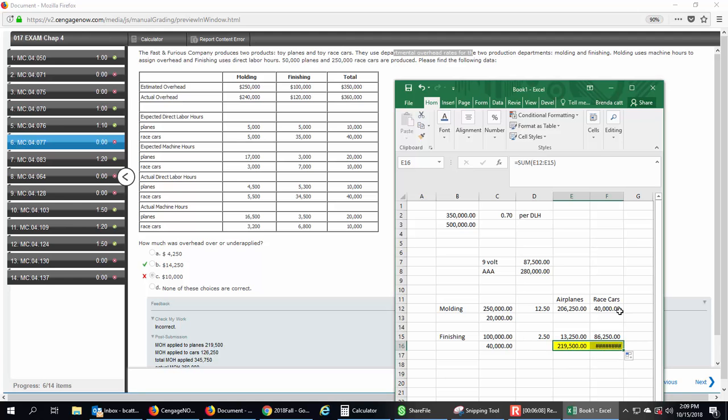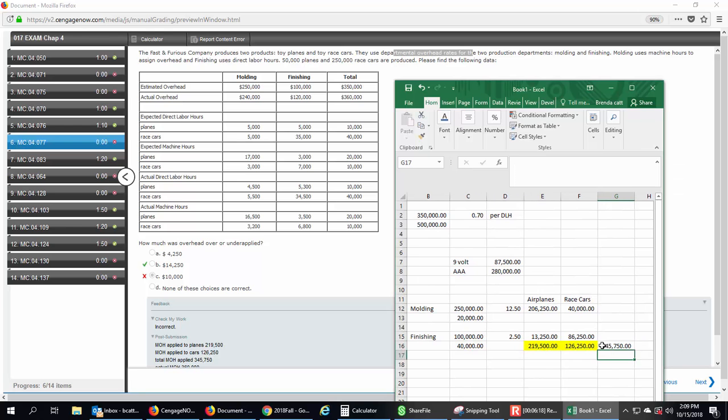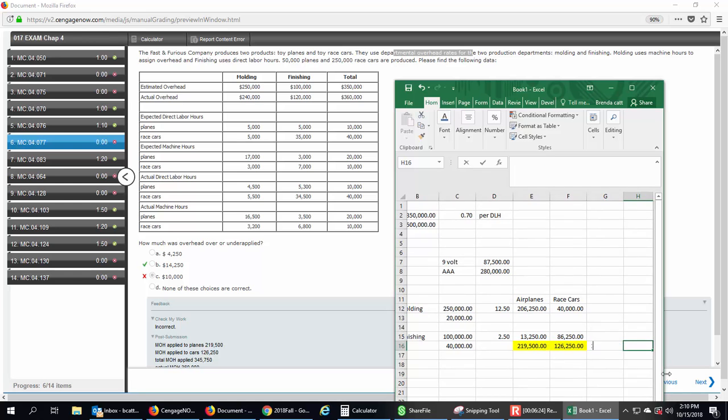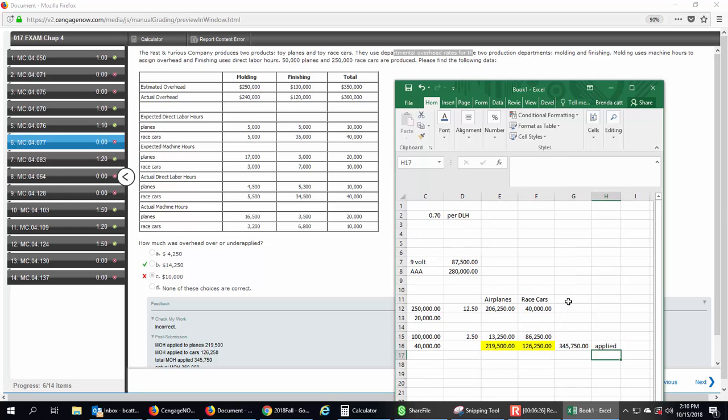So then our total overhead, oopsie, it didn't do what I wanted it to do. So this is our total overhead. It's the total for the airplanes plus the race cars. Total overhead applied. They must tell me, okay, actual overhead 360.